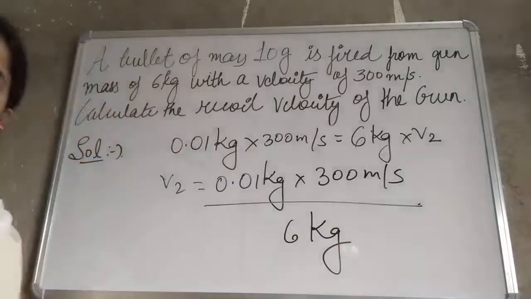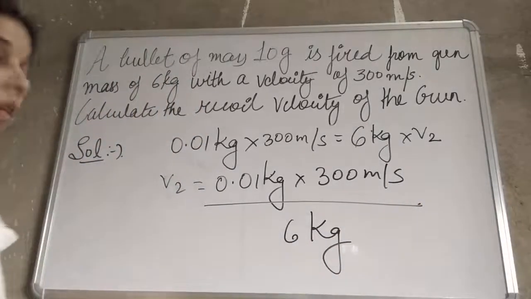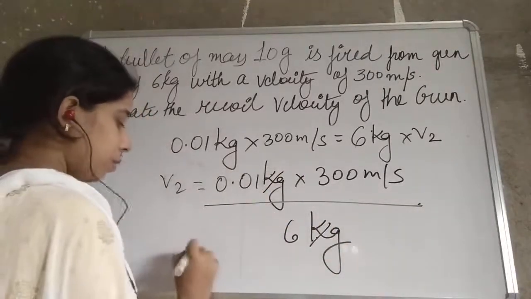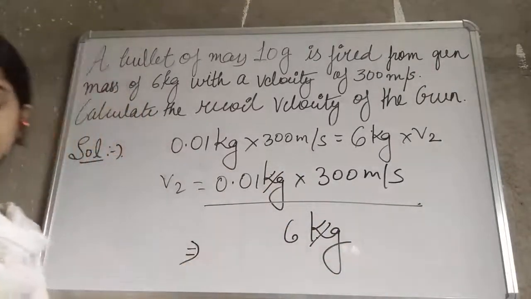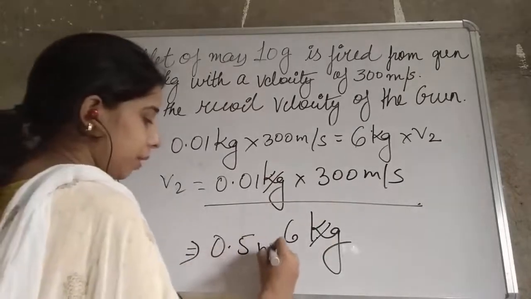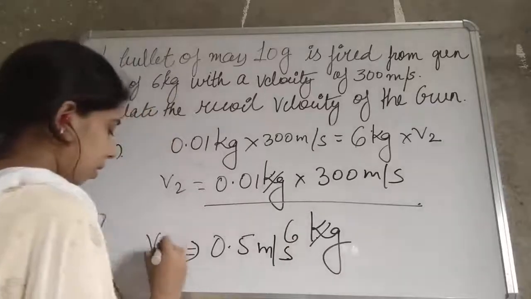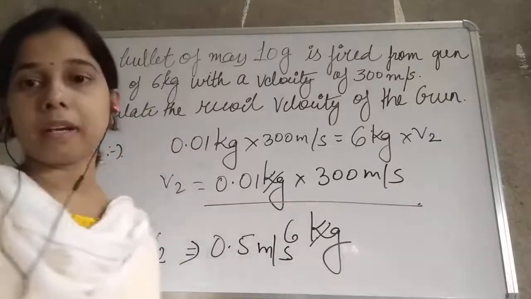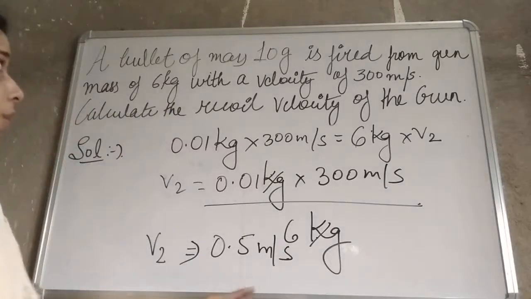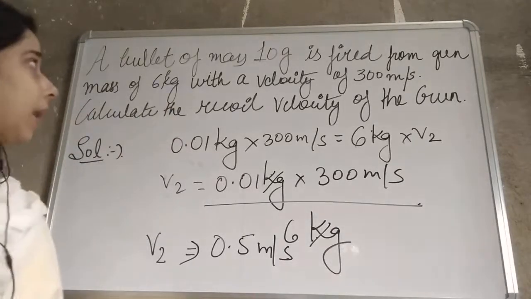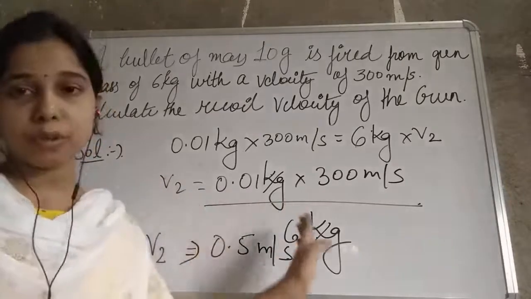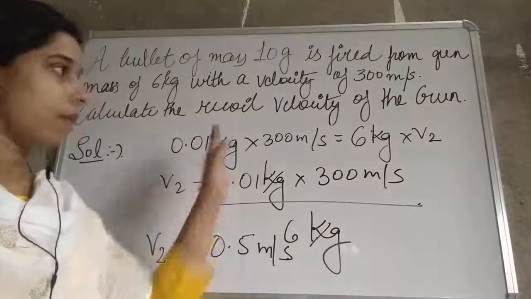Here kg will cancel each other, and when you solve it, the answer is 0.5 meter per second. So the recoil velocity of the gun is 0.5 meter per second. By applying the law of conservation of momentum, that is initial momentum is equal to final momentum, we can solve this numerical.